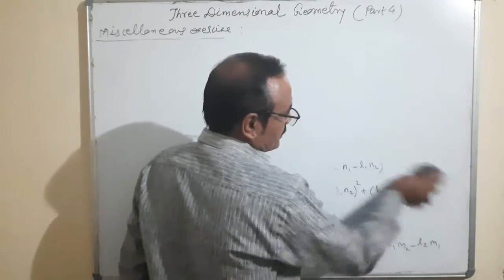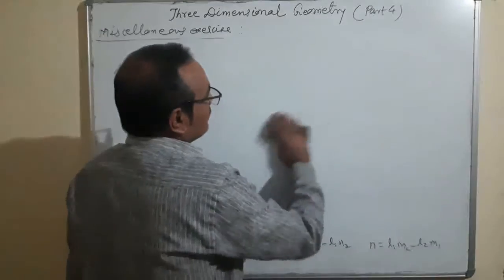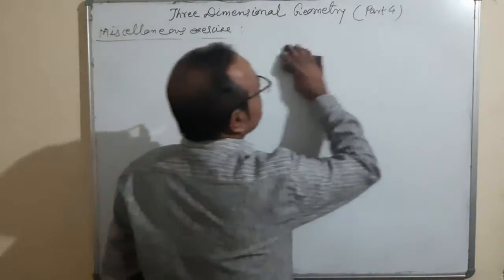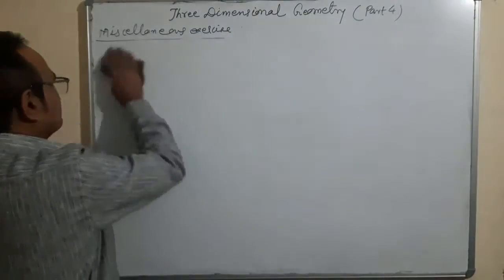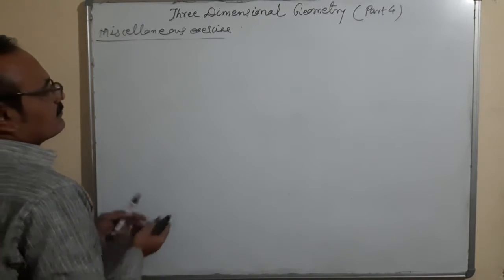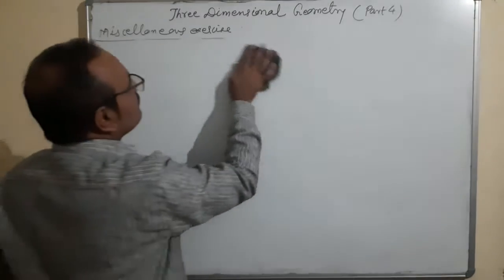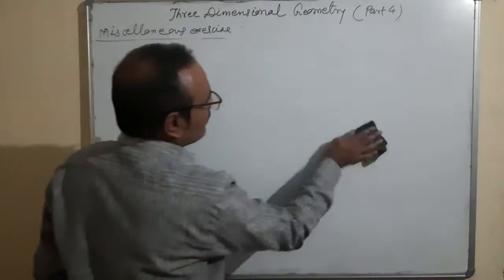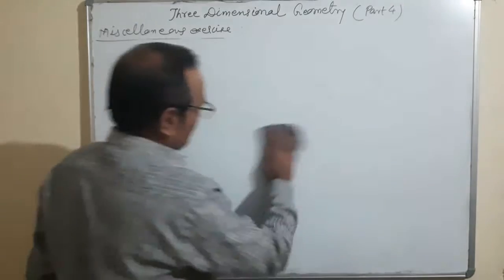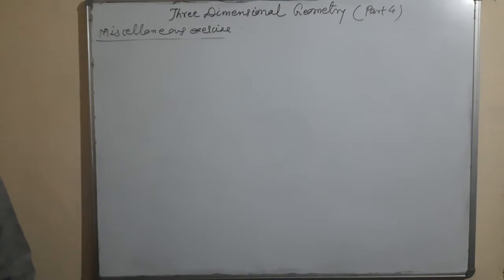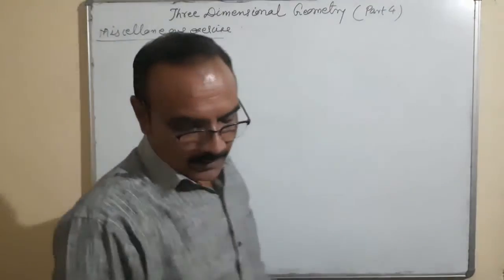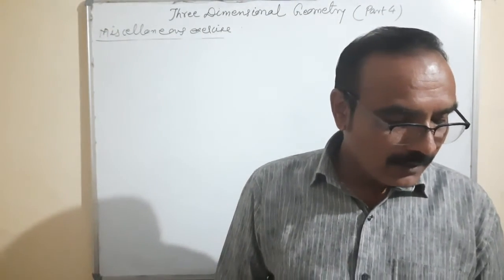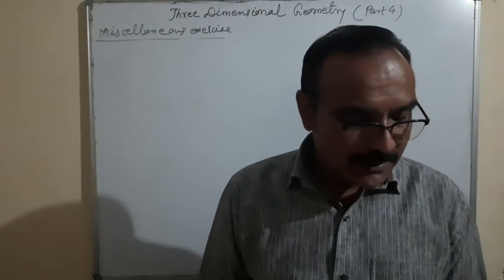Now I am taking question number 3 of this exercise. Find the angle between the lines whose direction ratios are given.